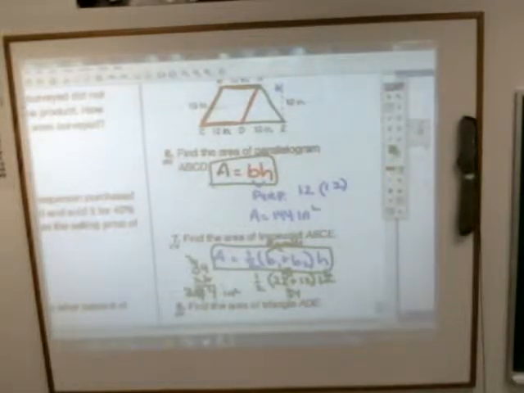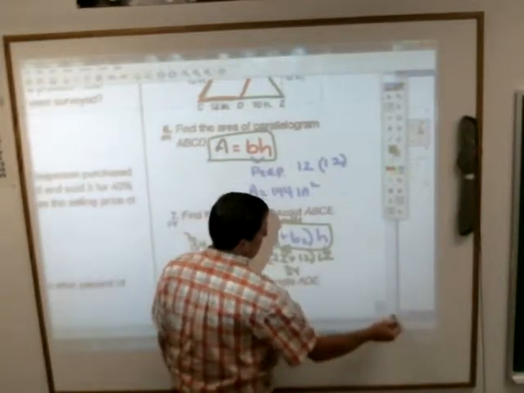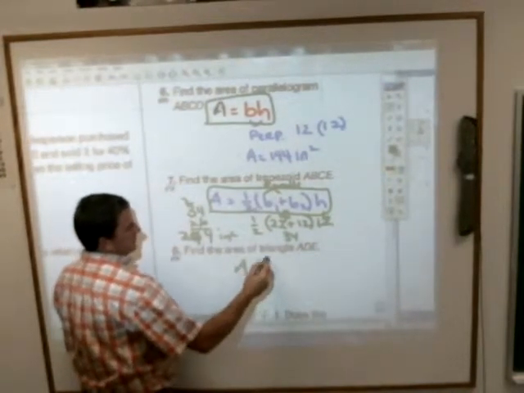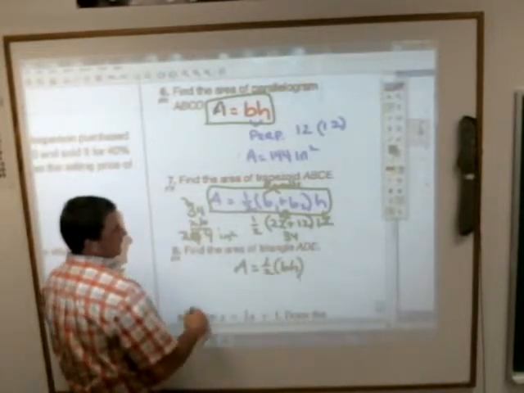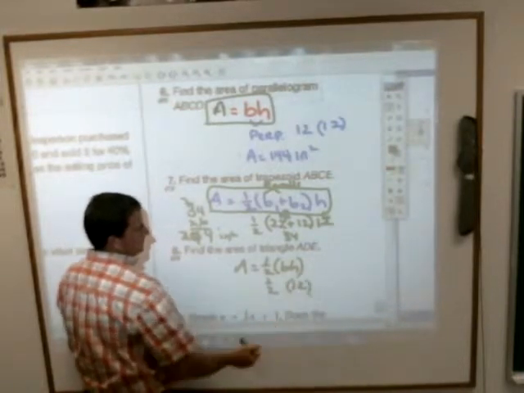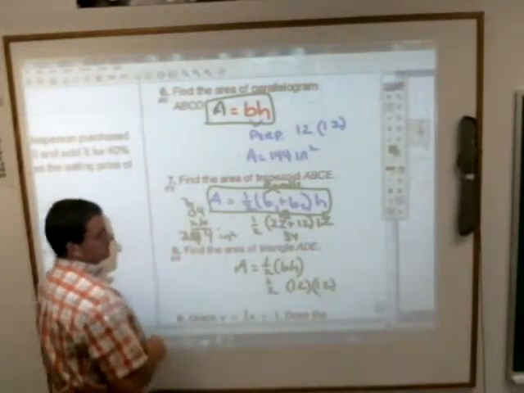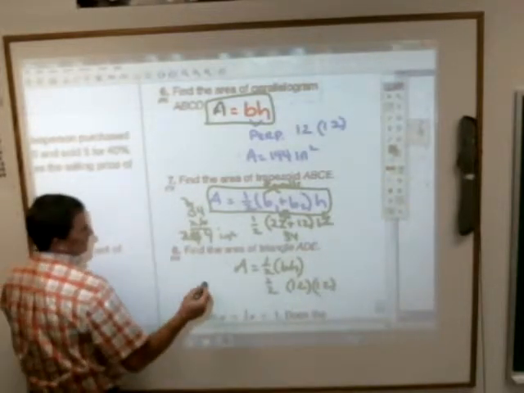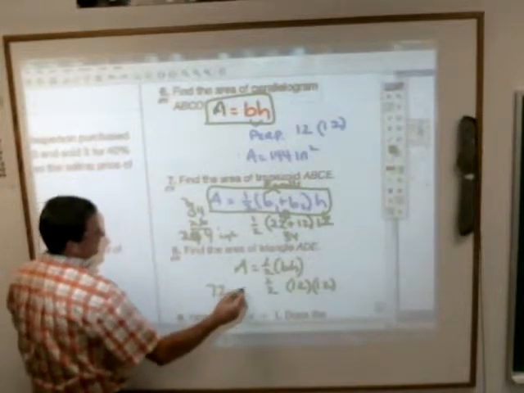Oh, and then there's triangle ADE. You're going to use the same height thing. Area is 1/2 base times height. And again, the height was 12 because it's the thing there that gives you that, and the base is 12. Half of 12 times 12, what is that, 72 inches squared.